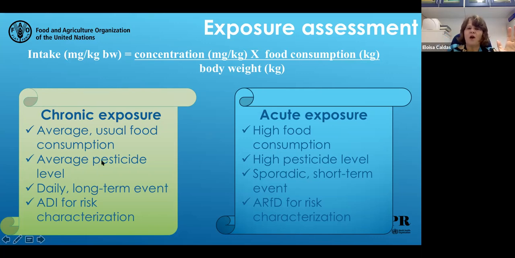It's mostly what a child, for example, would be exposed to through that short period of time when you are a child. Everybody was a child at some point. Because chronic exposure comes from the whole lifespan of a human. Acute exposure during one day.